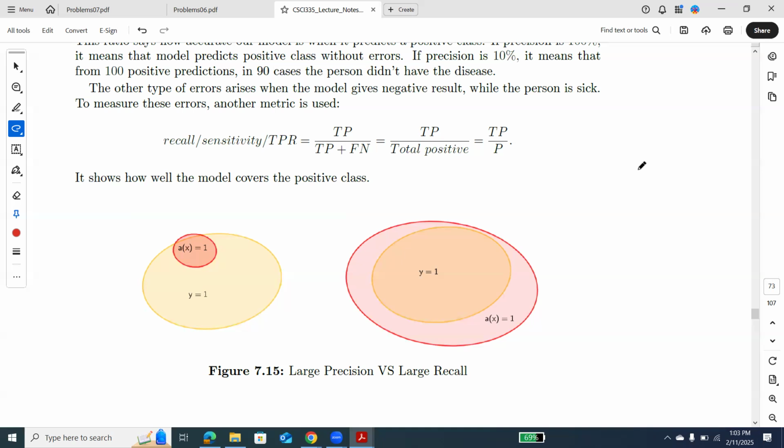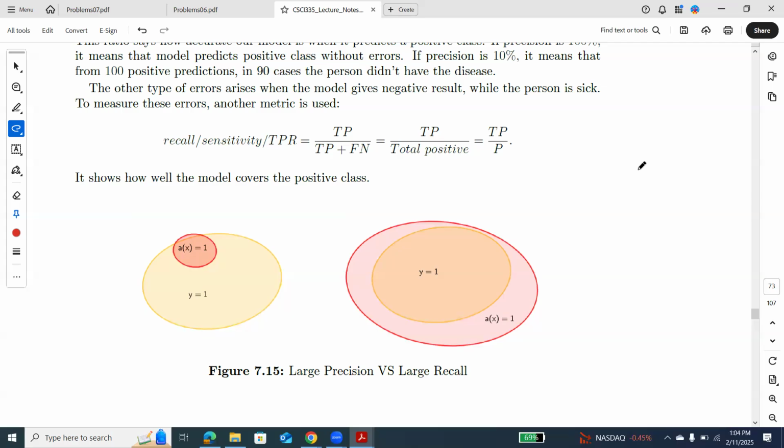So in this case, precision will be 1. You remember, recall here was low, precision will be high. In the second case, recall was 1, but for precision we should divide the yellow area by the red area, the total predictions as the positive class. So precision will be lower in this case.